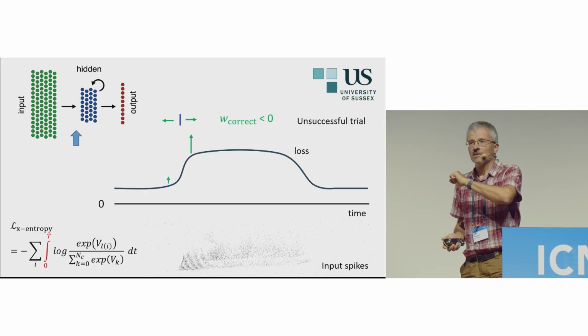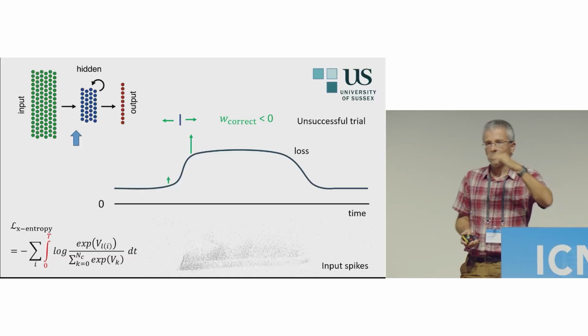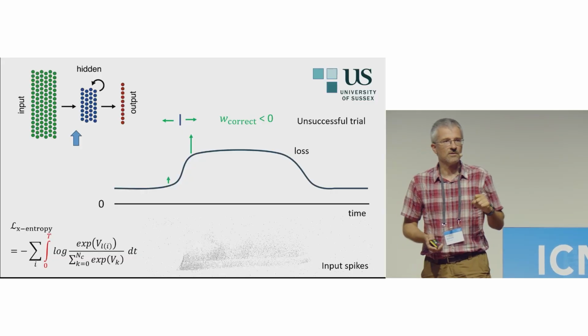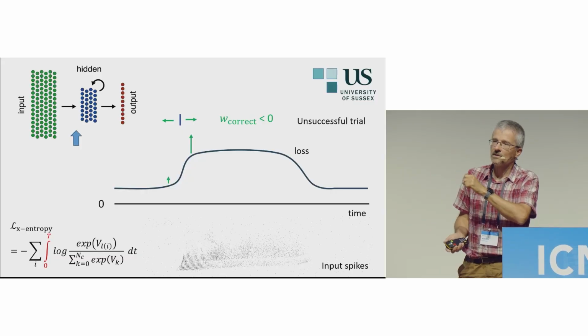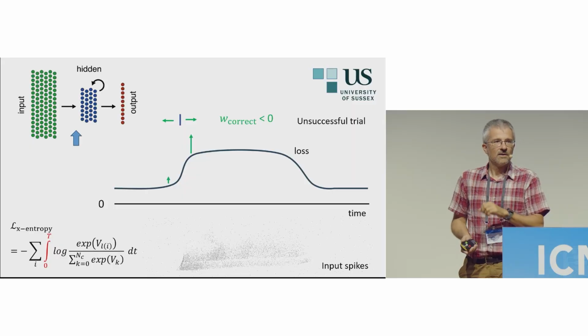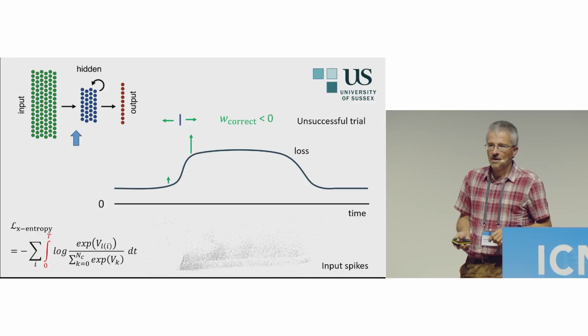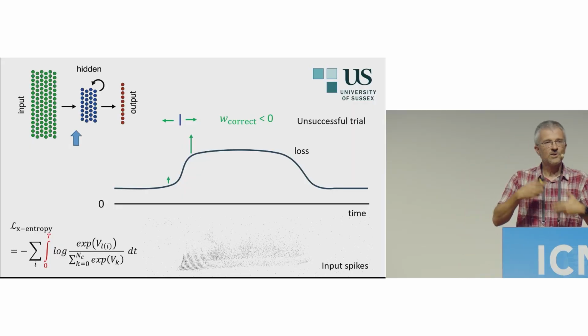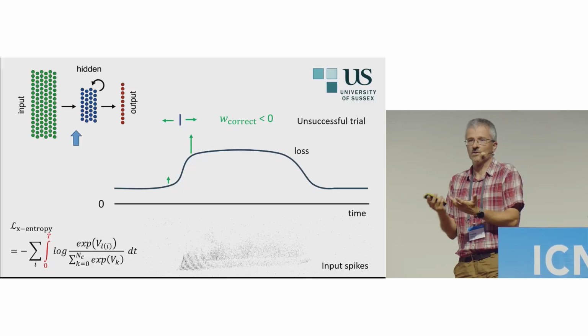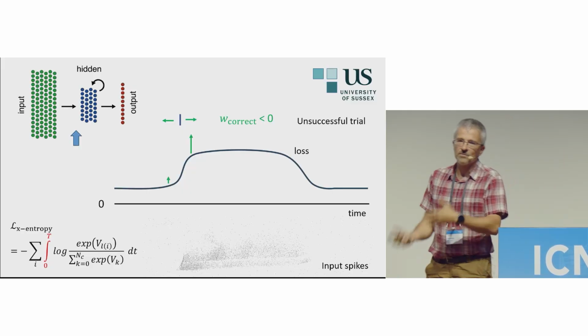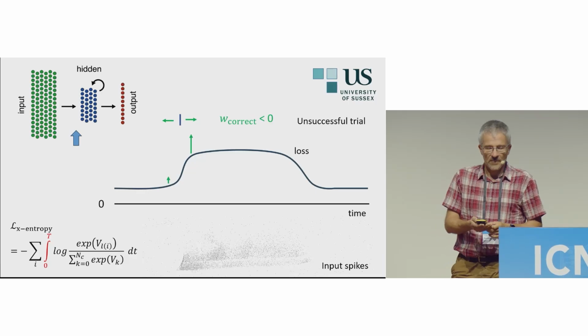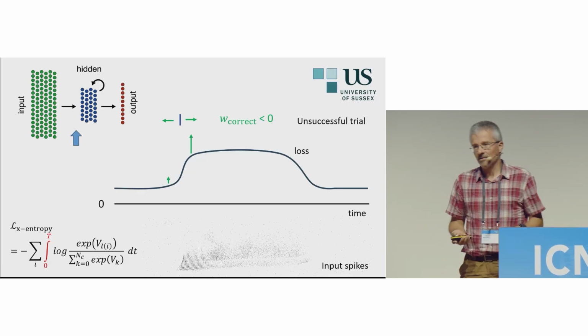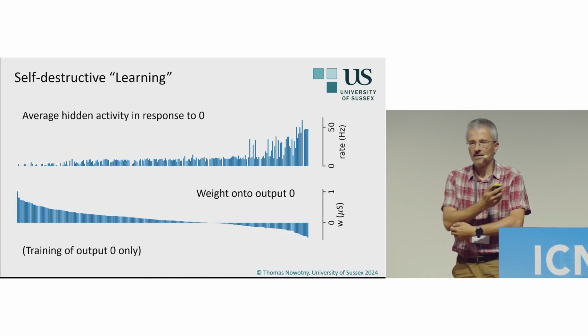And the ones that do the wrong thing, they suppress the output neuron that should be high voltage, they are being moved forward, and therefore they get higher weights, and they get increased activity. And this leads eventually to deleting the spikes in neurons that are useful and increasing spiking in neurons that are not useful. And I could show directly, among other evidence, that this is what was happening.